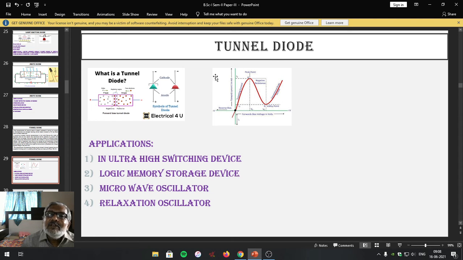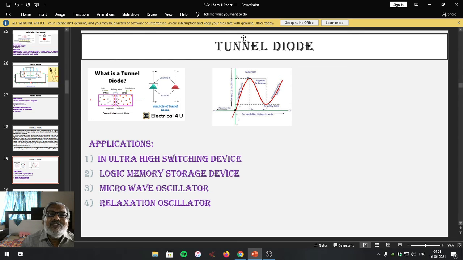Friends, this characteristic is the same as that of the unijunction transistor, that is a UJT, which we are going to study in the last topic of your syllabus, where we are going to study power devices.